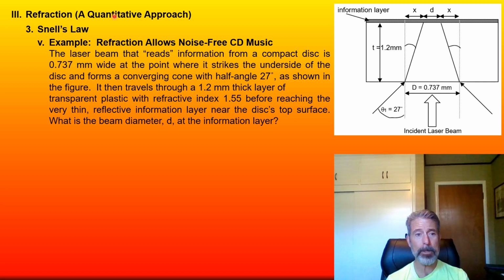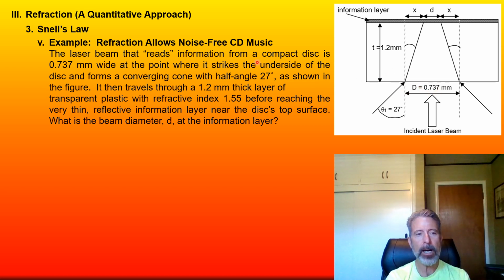And we're told in this problem the laser beam that reads the information from a compact disc is 0.737 millimeters wide at the point where it strikes the underside of the disc and forms a converging cone with a half angle of 27 degrees, as you see in the figure.